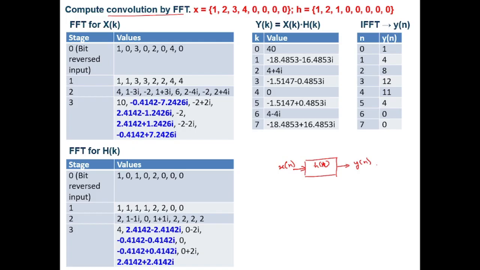Okay, so in that case, if we use the FFT, we just have to do the multiplication in the frequency domain, and then we can find out the inverse FFT. Okay, so let us see how we can do that.